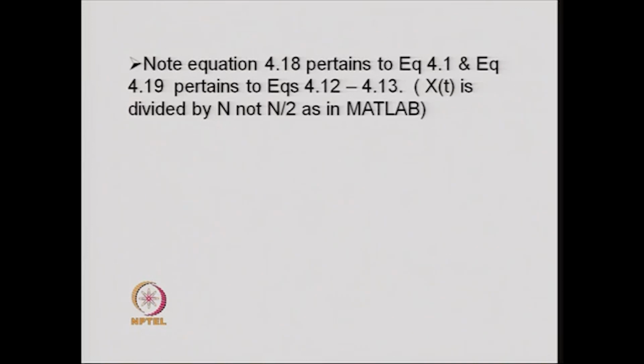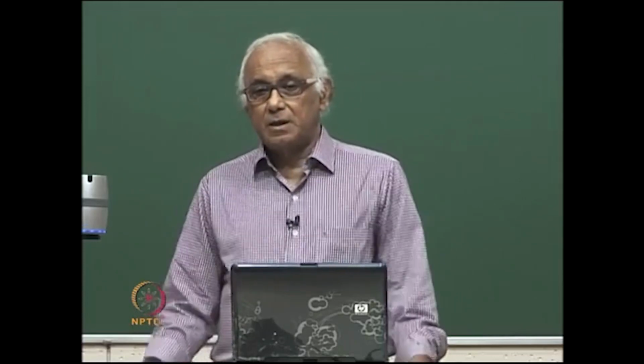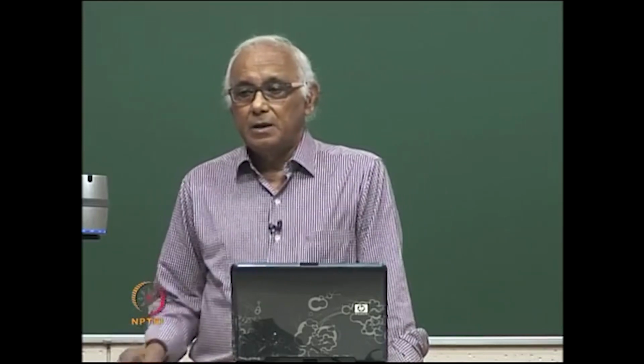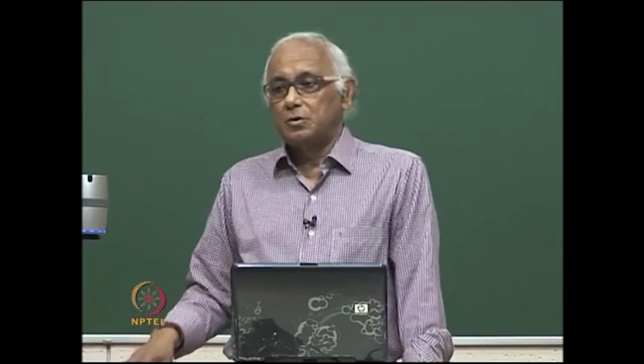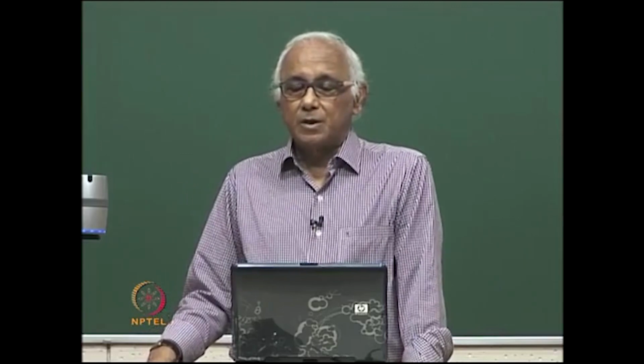If we use MATLAB, then whatever values we get as X(omega), that is, the complex number a plus ib, we take the first n by 2 plus 1 values from those a plus ib quantities, and then we take the absolute square of these complex quantities.